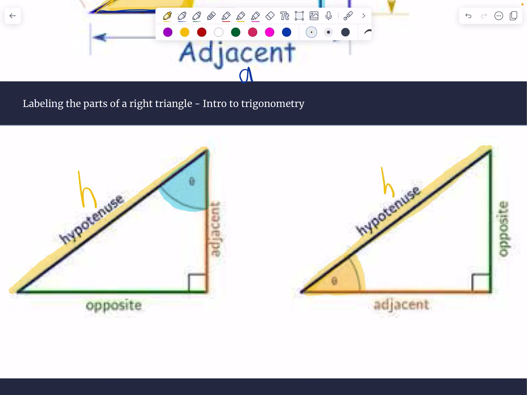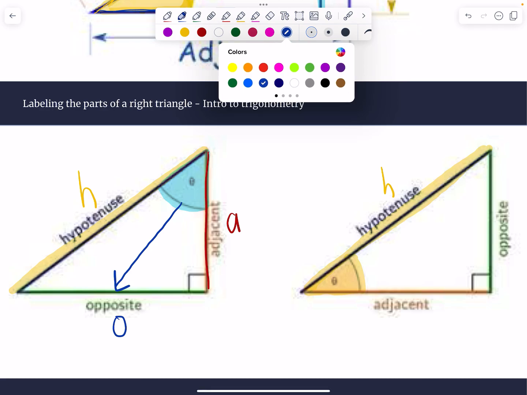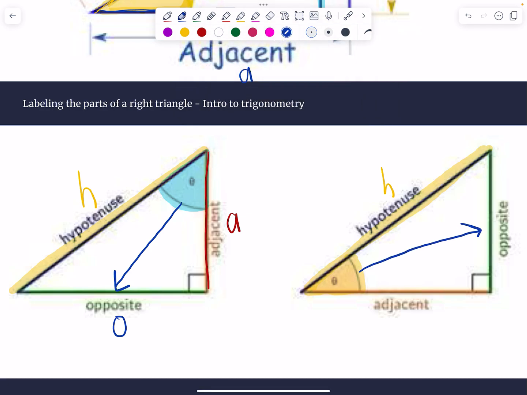So what changes? Well, from the blue triangle, the one on the left, the one across from it is going to be opposite, and the one next to it is going to be adjacent. So it's touching it. From my yellow triangle, the one that is going to be opposite is going to be this one. The one that is going to be adjacent is going to be this one.